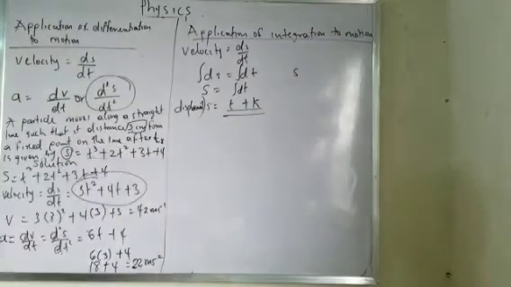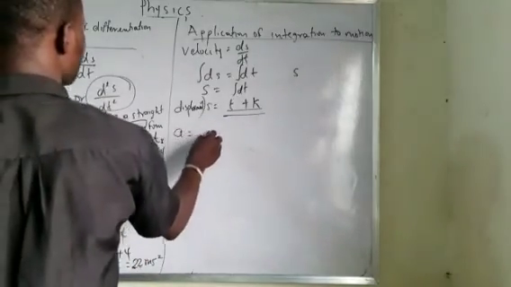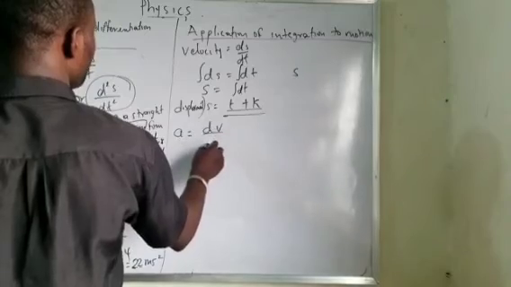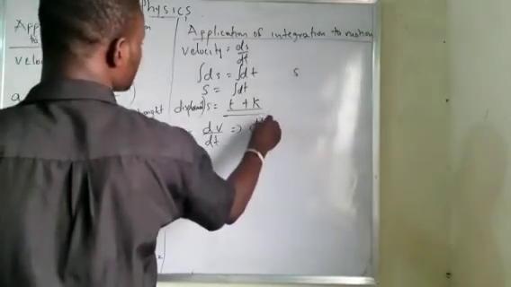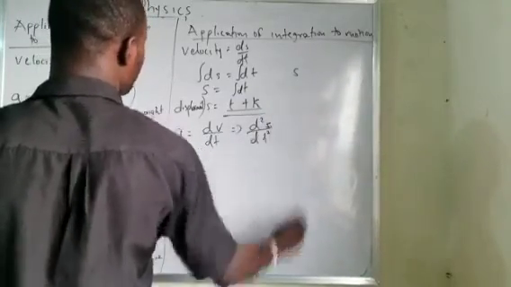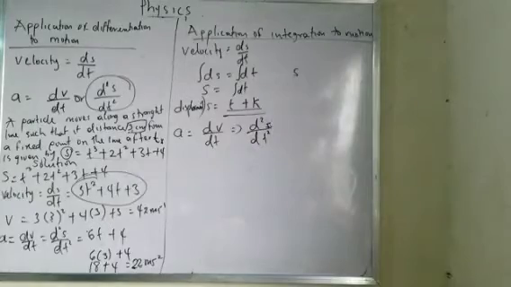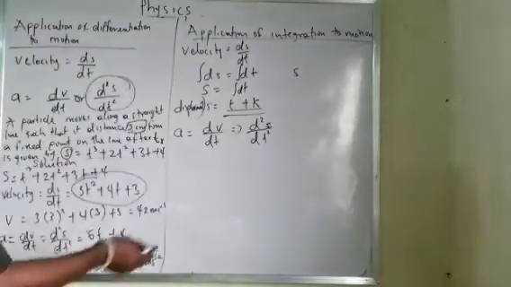Also, if we are talking about acceleration, my acceleration is always equal to dv over dt, which is also d squared x over dt squared. We are to integrate this.